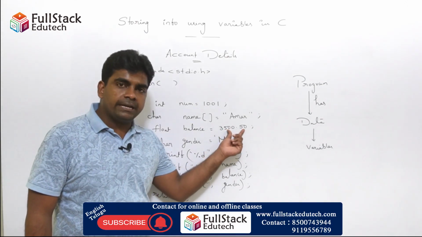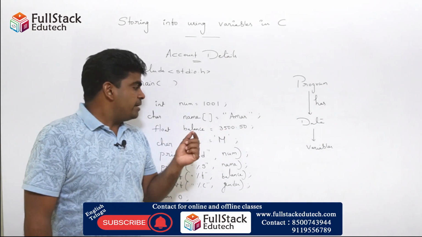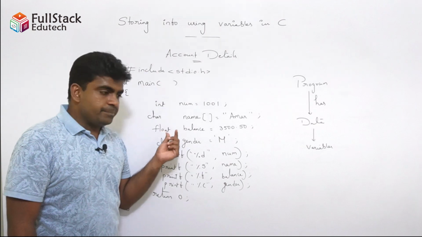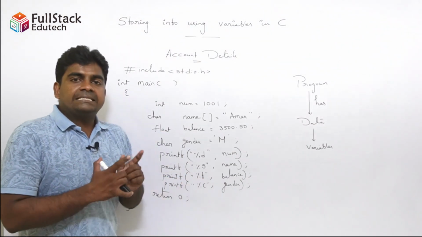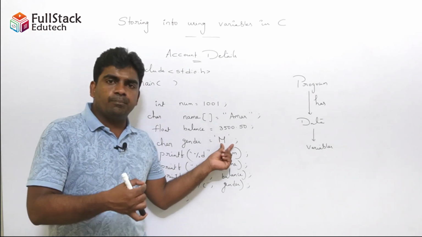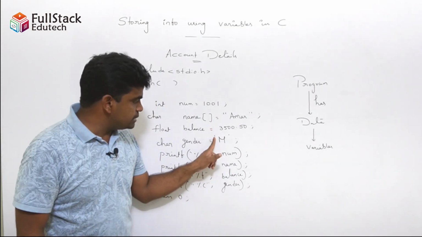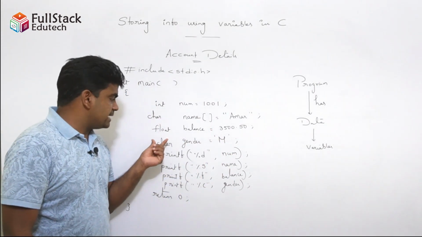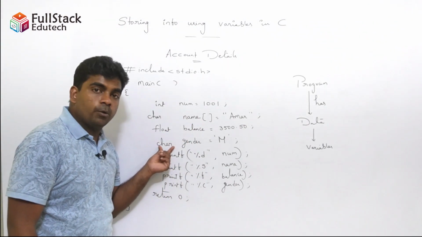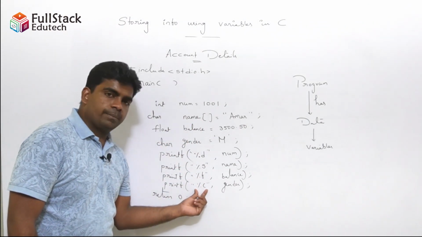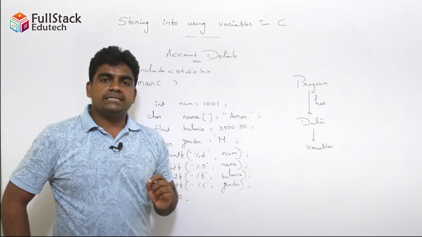Next one is a float type, a decimal value. We represent it with the float type, and the format specifier is %f. Single character, gender, just male: you must put it in single quotes. It's a character type, not a character array. How can you represent it? Using the format specifier %c.